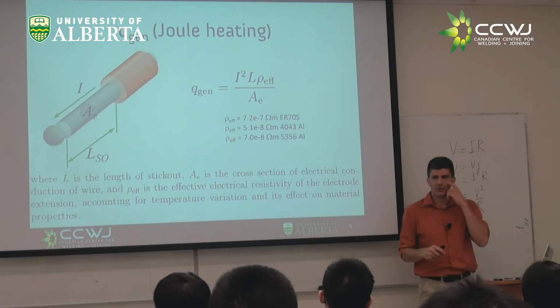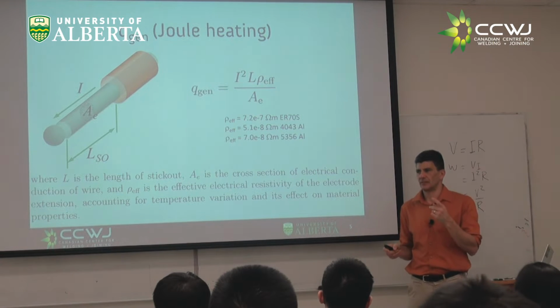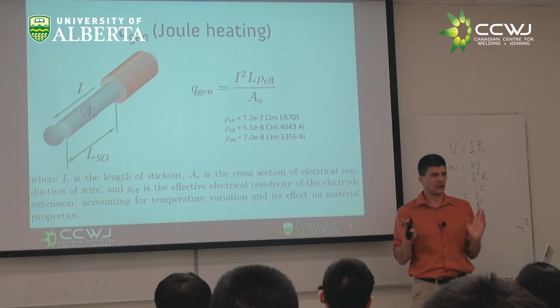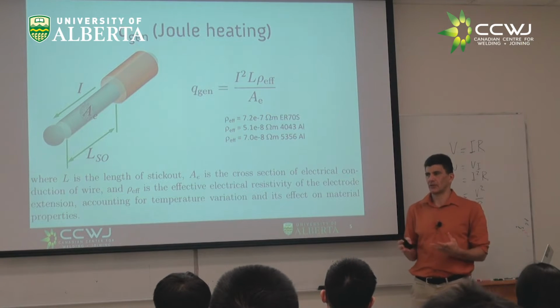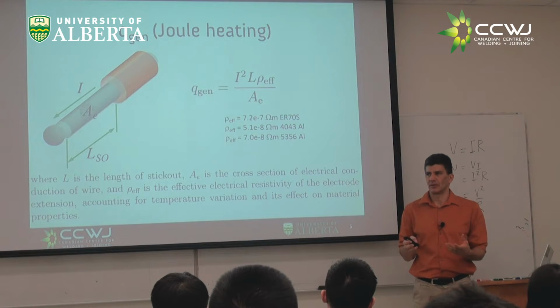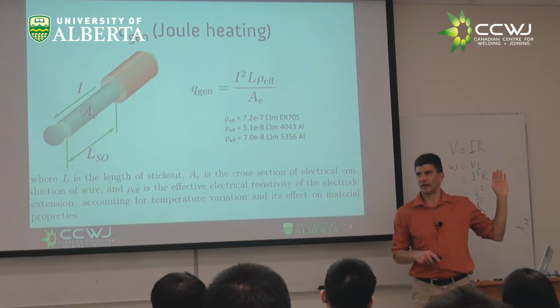I want to draw your attention. Aluminum is more or less resistive than steel? Less, and you also know, right? Aluminum is a good electrical conductor. At one point when there was a scarcity of copper, people made wiring with aluminum. Some of the really old houses here in Edmonton have aluminum wiring.